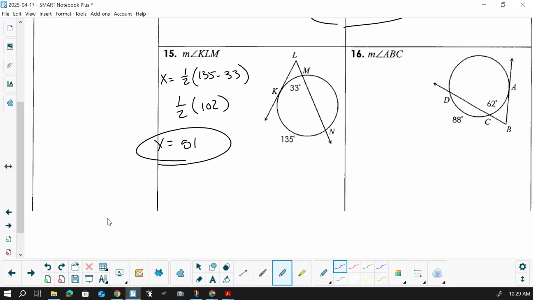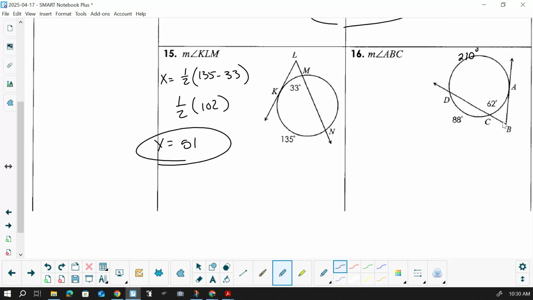Okay, next one. Big arc, small arc. We don't know the big arc. We do know the small arc, but we don't have the angle either. Now we can find the big arc without having to work this out because we have two parts of the circle, and the big arc is just the rest of it. So I'm going to do 360 minus that 88 and minus that 62, and when I do that, I end up with 210.